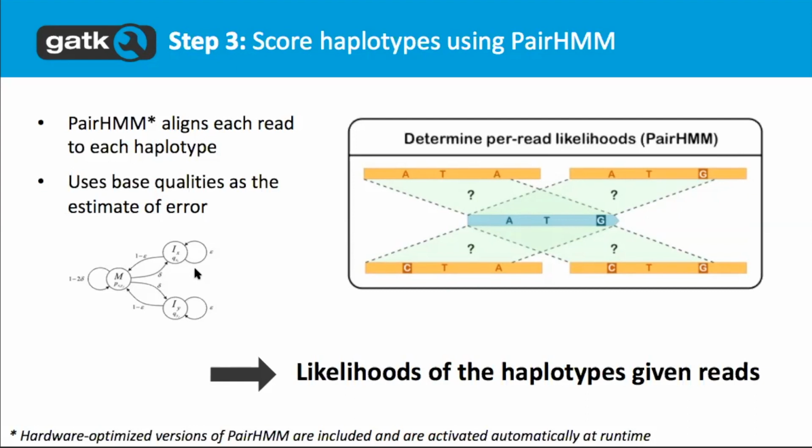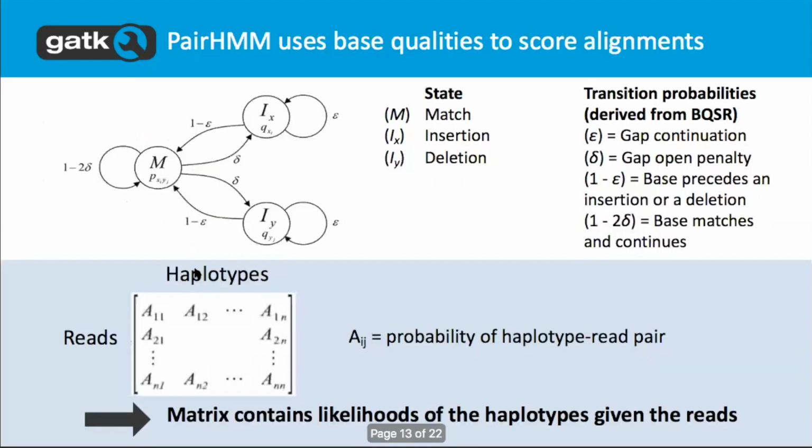Now we want to do a more precise scoring of our haplotypes. And so we're going to systematically realign every single read to every predicted possible haplotype and compute the likelihoods of those reads given the data. I'm not going to go into the mathematical details.